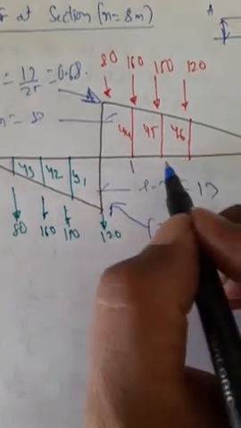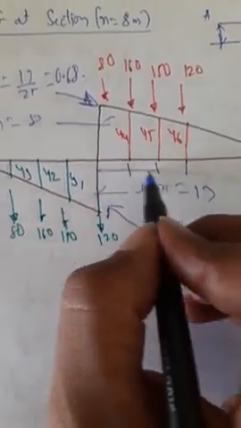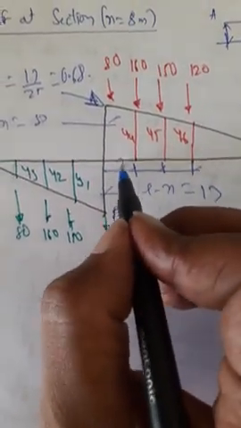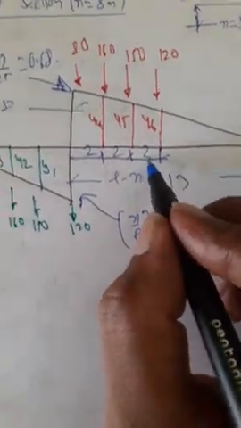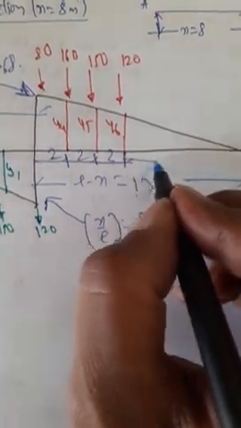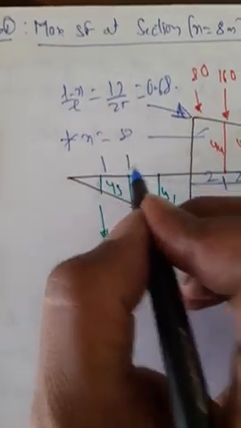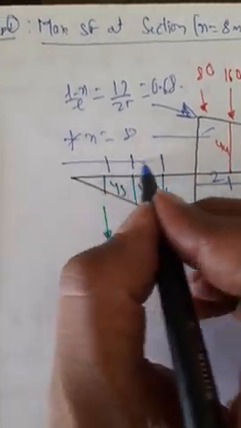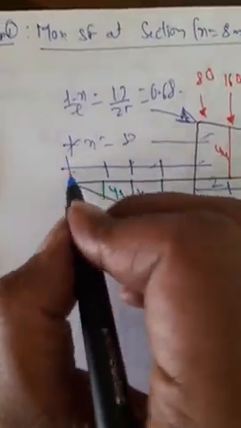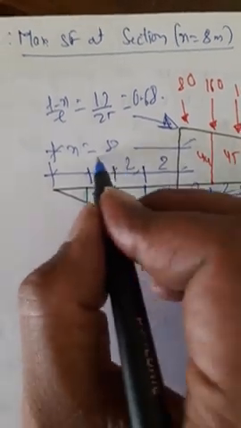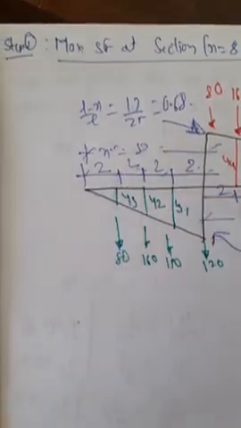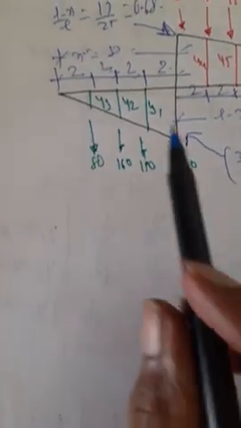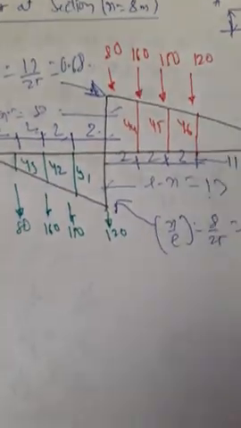These are placed 2 meters apart, 2, 2, 2. So this is 17, 17 minus 6 is 11. Similarly here these are 2 meters apart, 2, 2, 2. This overall is 8, 8 minus 6, 2 is the remaining. So next I have to calculate y1 to y6.